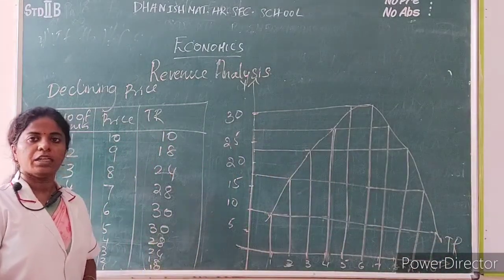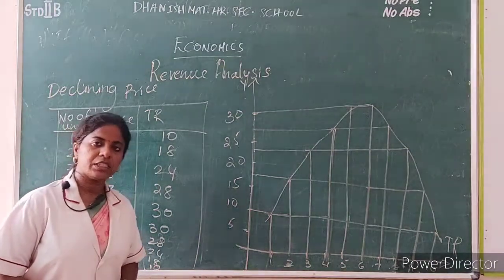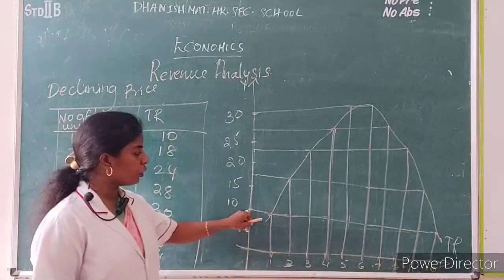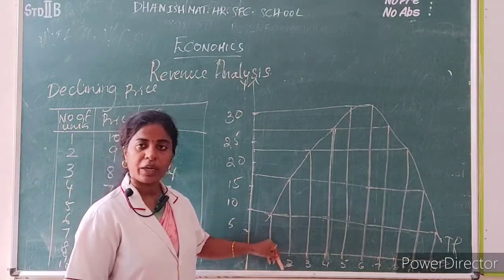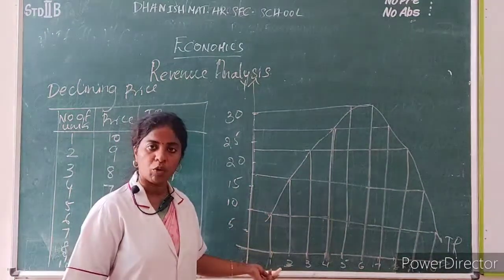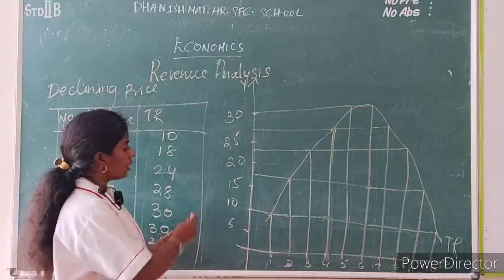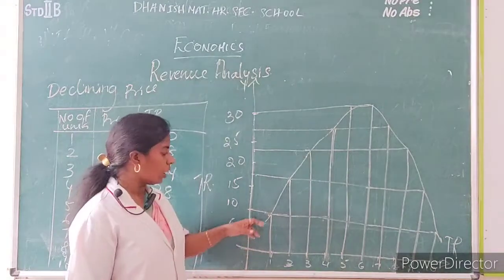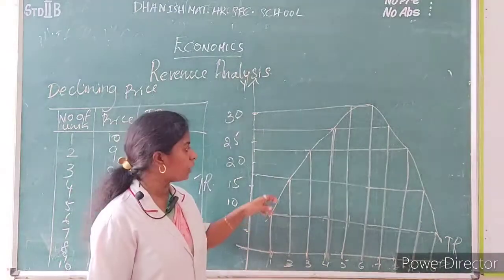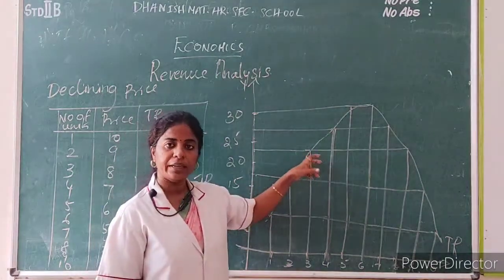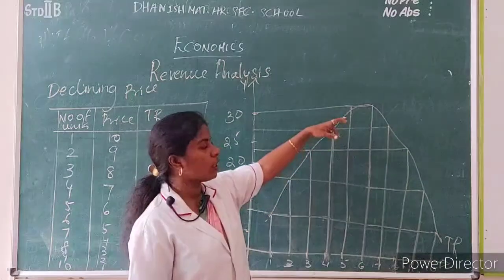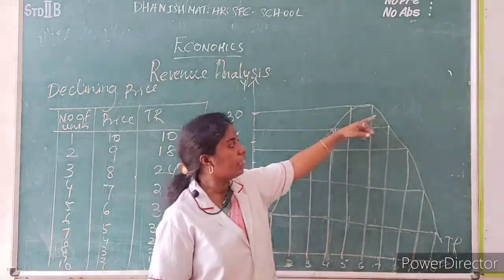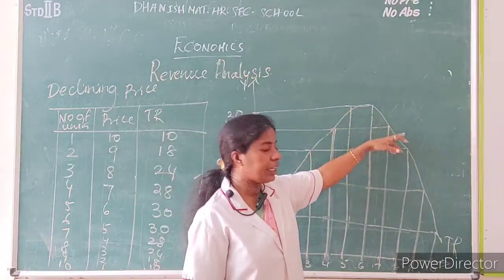So it is clear. See here, first the total revenue has started to increase. The x-axis represents the number of output and the y-axis represents the total revenue under declining price. The total revenue started to increase, then later it becomes constant at the 5th unit and 6th unit, then again it started to decrease.